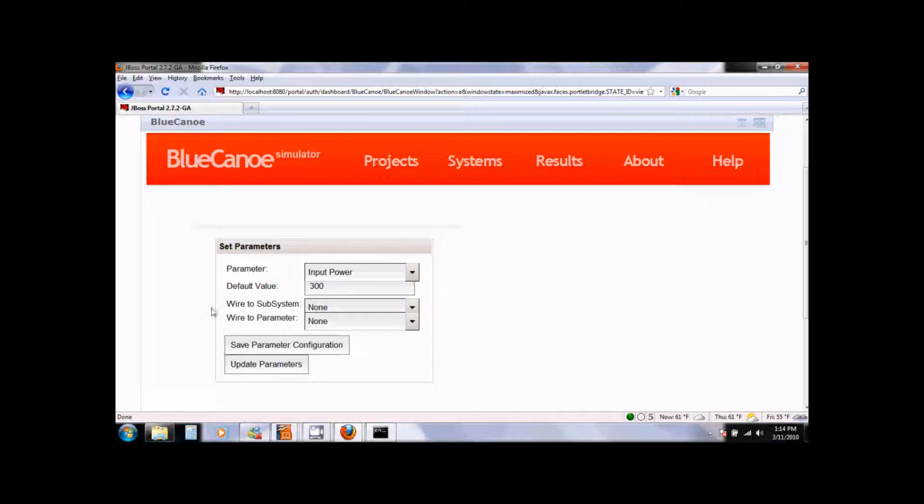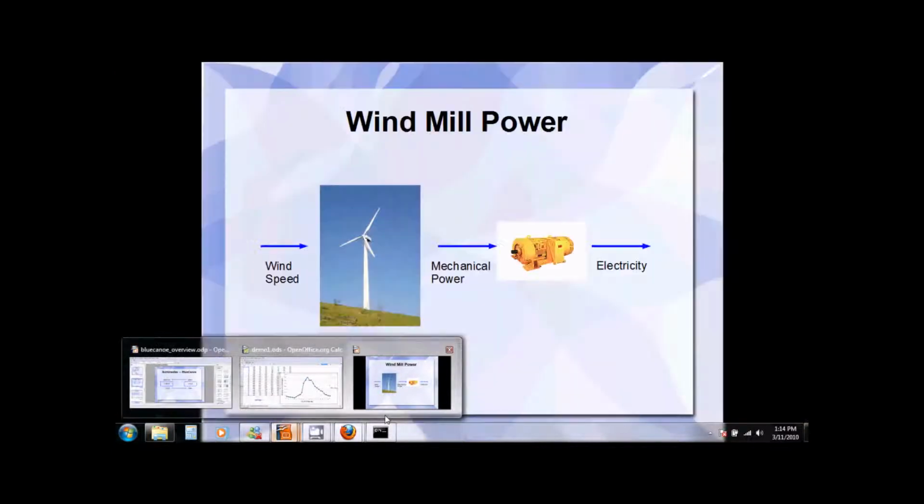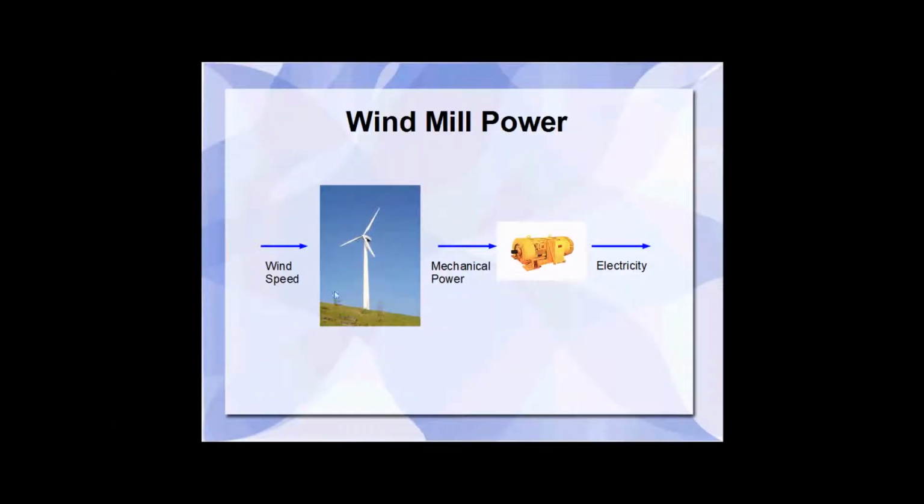Now here is where we learn what it means to wire a subsystem. We remember from our presentation that the input power of the generator comes from the output power of the windmill.